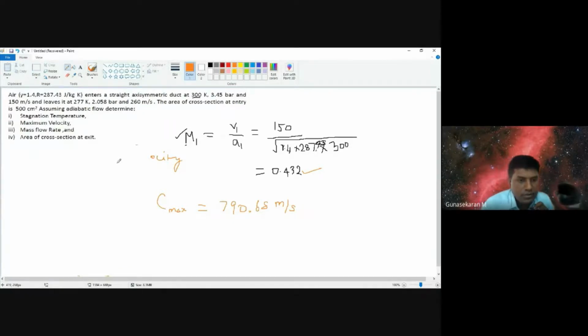The mass flow rate formula is very simple.